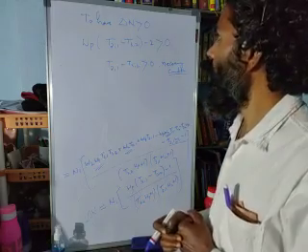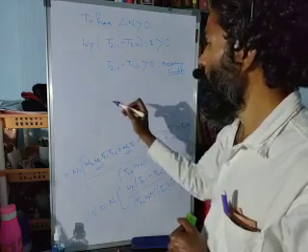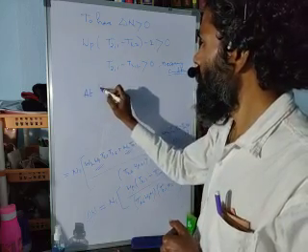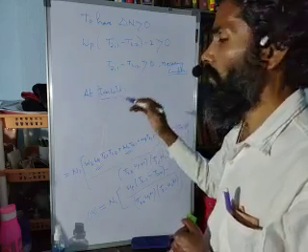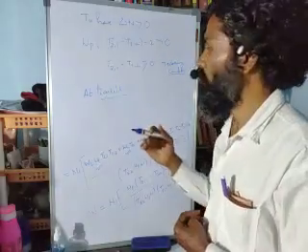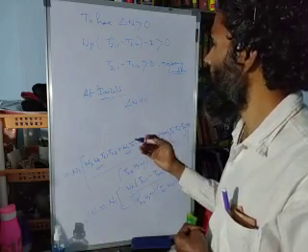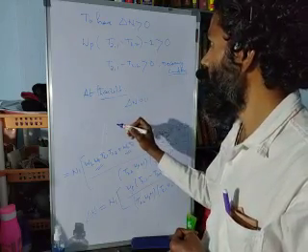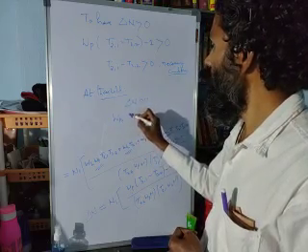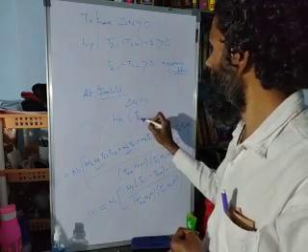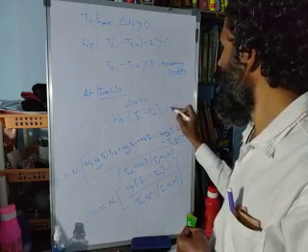And at threshold, what we expect is this delta n to be 0. So at threshold, the value just before lasing, I mean just before population inversion, we expect this delta n to be 0. So that threshold power, which we can write as W sub P T for threshold, will be simply T21 minus T32 minus 1 equal to 0.